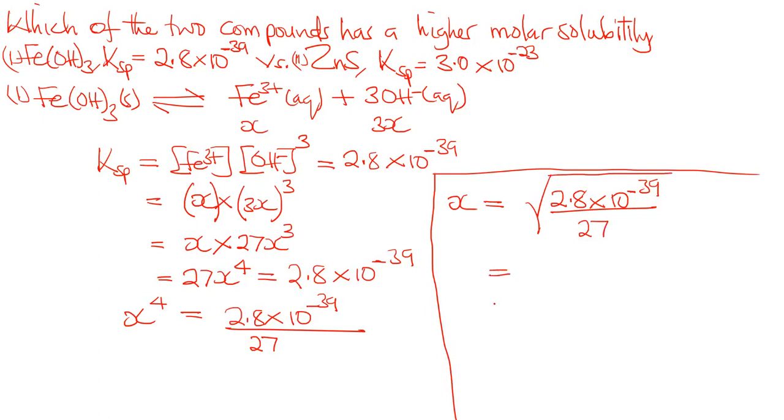That is the fourth root of that. So this gives us 1.0 times 10 to the power negative 10 moles per liter.